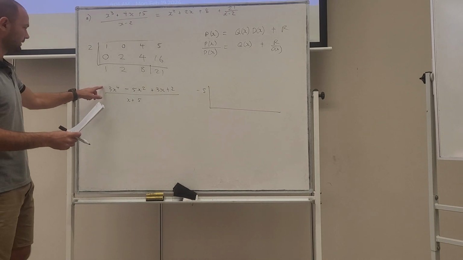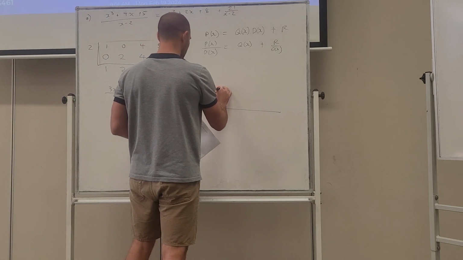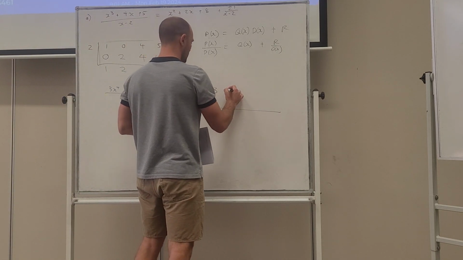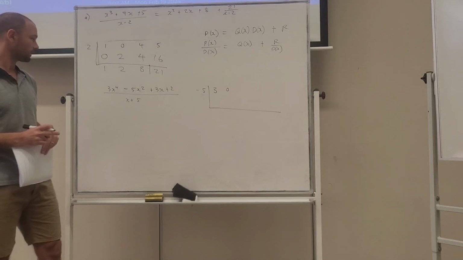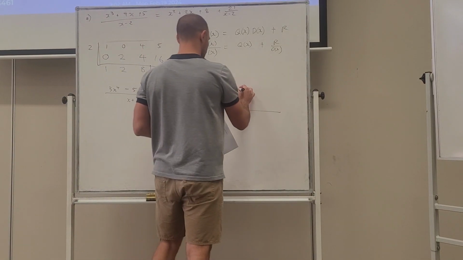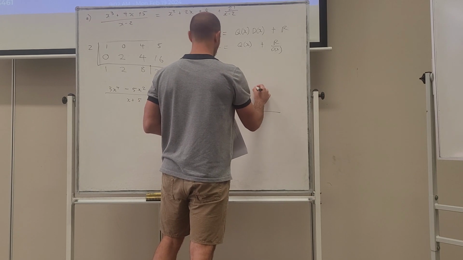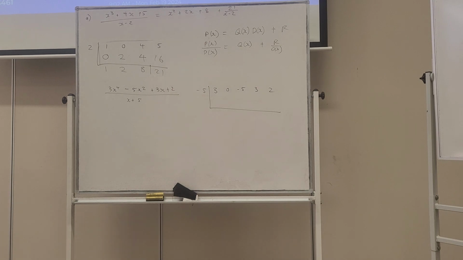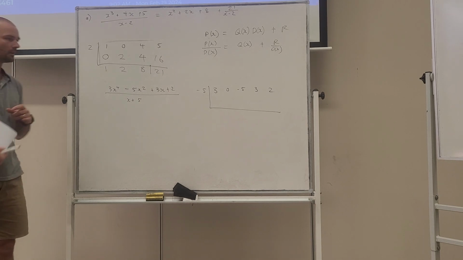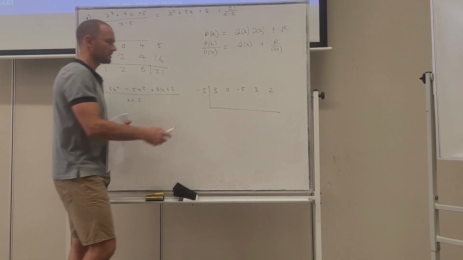And then we're just listing the coefficients. I've got 3 lots of x to the 4, 0 lots of x to the power of 3. Don't forget that. Minus 5 lots of x squared, 3 lots of x, and positive 2 is my constant. So all you're doing is taking the coefficients of each term, considering whether it's positive or negative, and that goes in there. Step 1, we start with a 0 here.